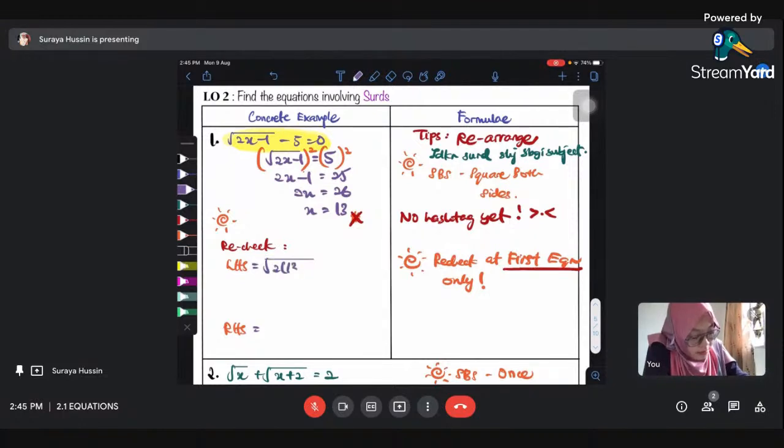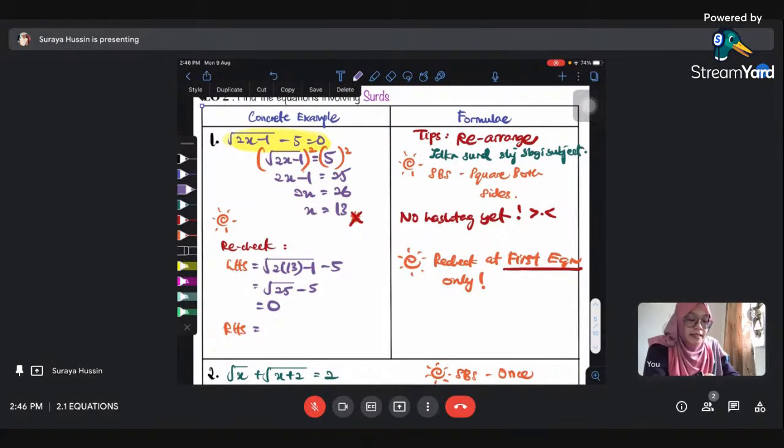2 times 13 minus 1 minus 5. Use your calculator and you will get 0. Tapi saya nak terus tekan calculator pun boleh. Nak terus nak selesaikan sedikit demi sedikit pun boleh. So you get 0 here.